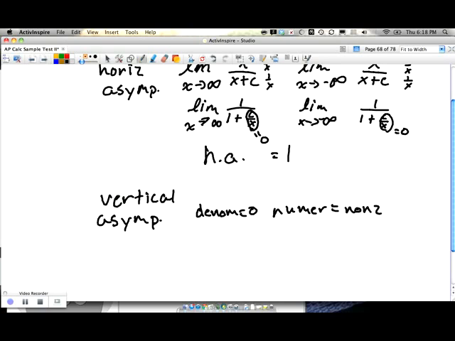We have y equals x over x plus c, so we're looking for this denominator to equal 0. When does x plus c equal 0? When x equals negative c. So that's my vertical asymptote. Pretty easy there. So we have a horizontal asymptote at 1, that's our y value, and we have a vertical asymptote at x equals negative c.